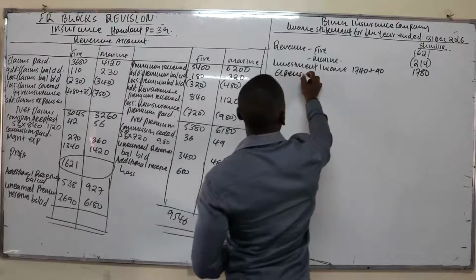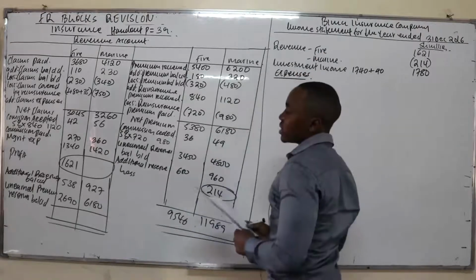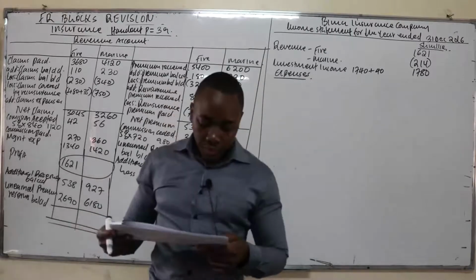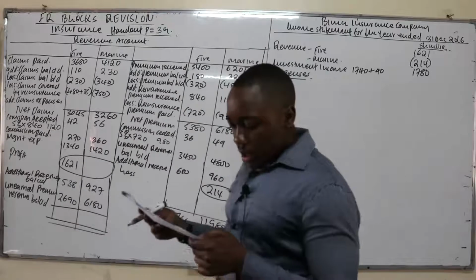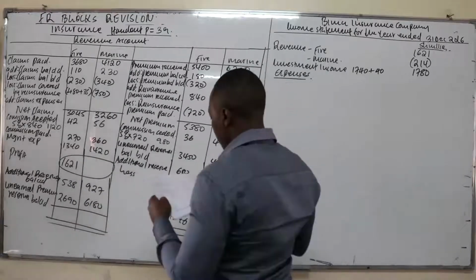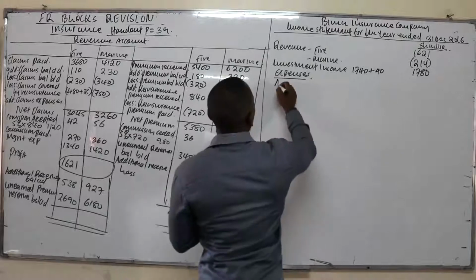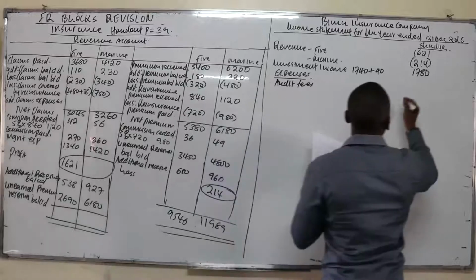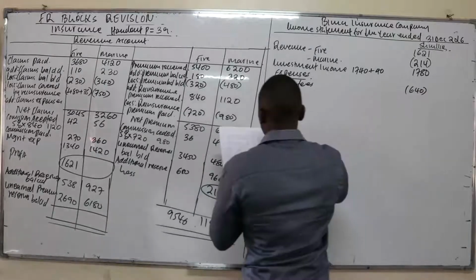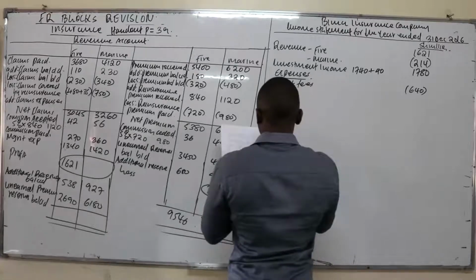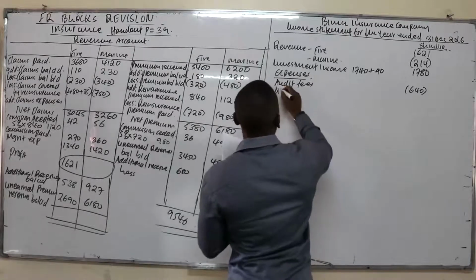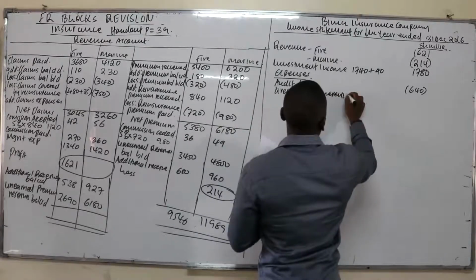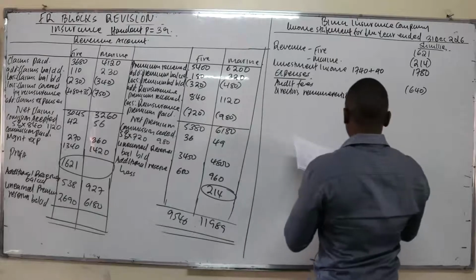Then we deduct the expenses. And for the expenses, you only deduct the general expenses, the expenses which were not captured in the revenue account. So for the first expense I can see there was audit fees. The audit fees was an amount of 640. Then, apart from the audit fees, we have directors' remuneration, an amount of 1240.